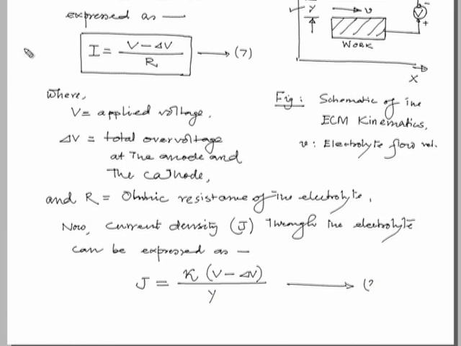Let us call this as equation 8, where y is the distance between the electrodes and kappa is the conductivity of the electrolyte.